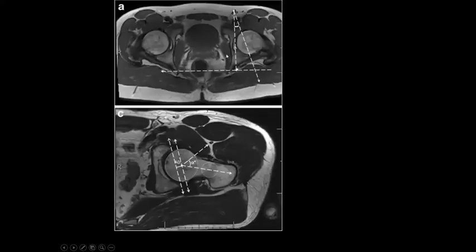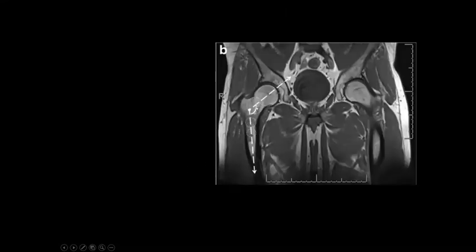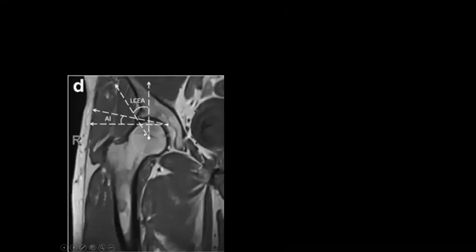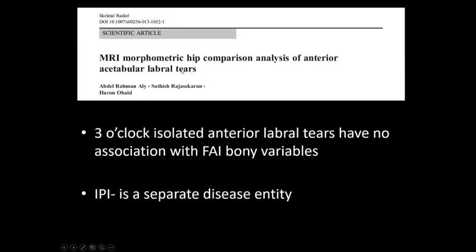And the other measurements we perform, as I mentioned earlier, are the acetabular version, the alpha angle, the acetabular depth angle, the femoral neck shaft angle, the acetabular index, and the lateral center edge angle. So in this article we published, we looked at all these measurements in patients with iliopsoas impingement.